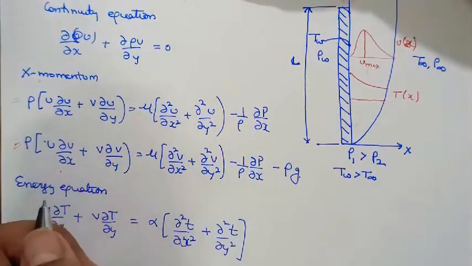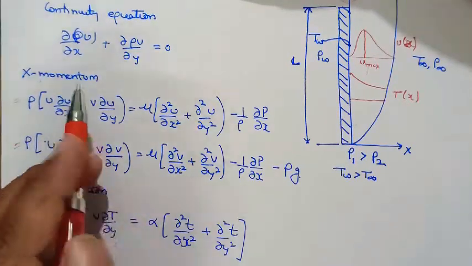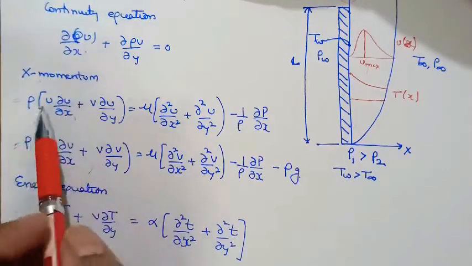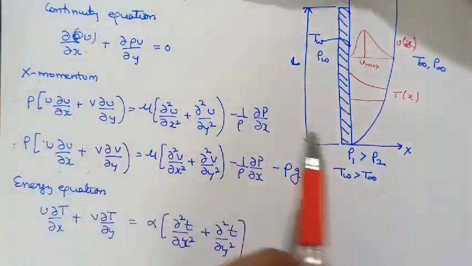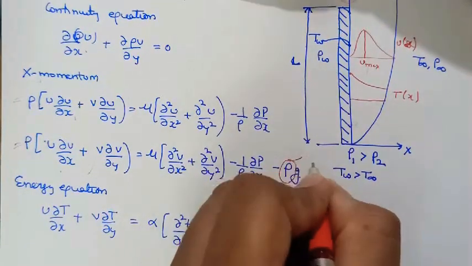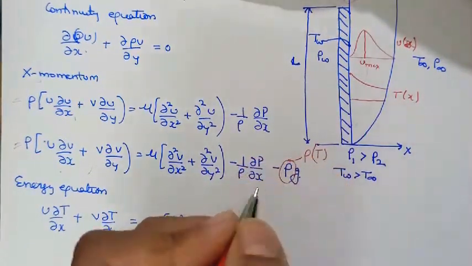And if you see in these equations, we haven't taken the rho out of the picture. Why? Because this rho here is a function of temperature.